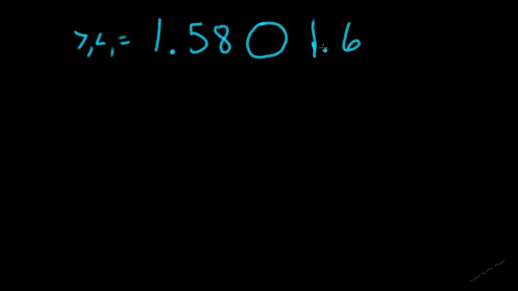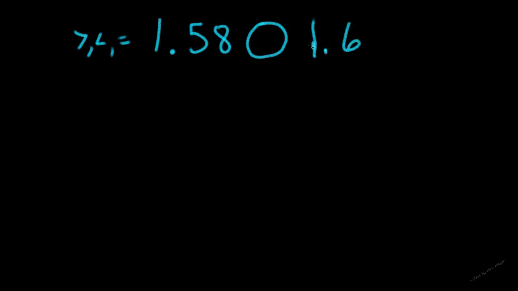So let's do 1.58. We'll do our circle to compare. We're going to use, of course, greater than, less than, or equal to. So 1 and 58 hundredths, greater than, less than, or equal to 1 and 6/10.